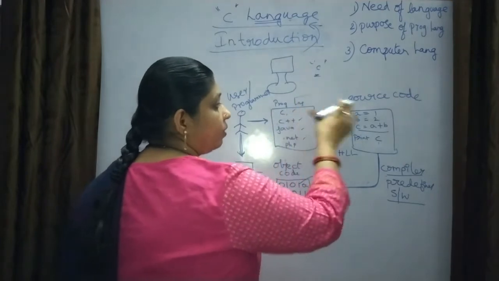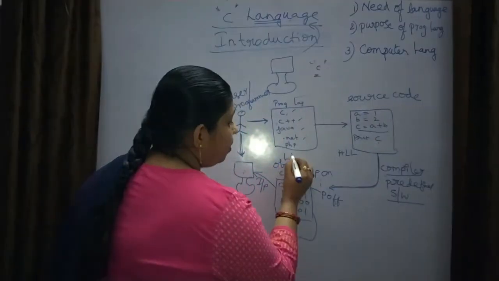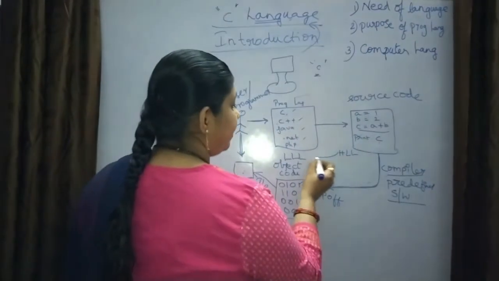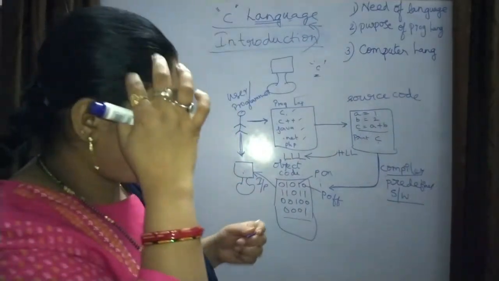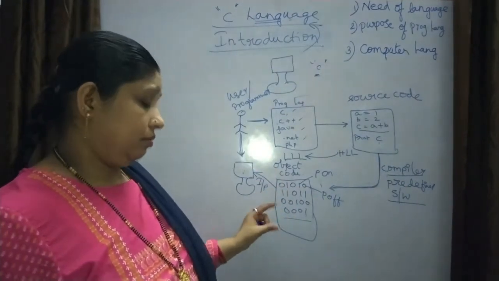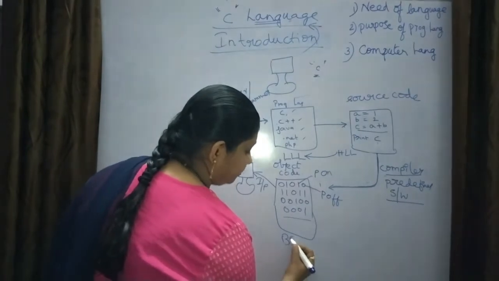This high level language source code is converted to low level language. Okay. So this high level language is converted to low level language. How will the compiler convert it? After converting, now what is happening here? Binary code is generated.